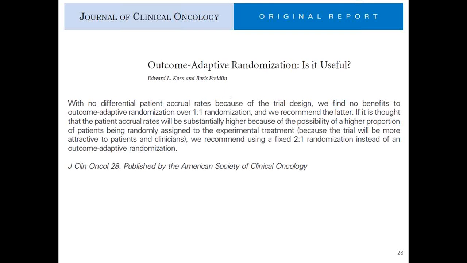There is a paper by Korn and Freidlin in the Journal of Clinical Oncology that I would point you to, which gives an excellent overview of the problem. They conclude that they prefer a fixed, let's say 2-to-1 or 3-to-1, randomization ratio rather than adaptive randomization. So I'm not convinced that you need the complexity of adaptive randomization for a trial like this.